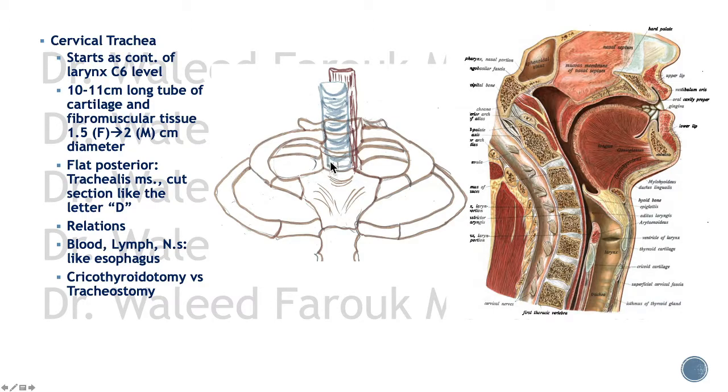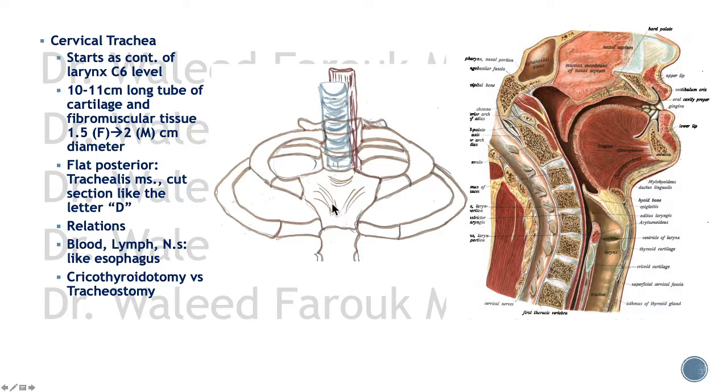On the right side it's slightly hidden by the trachea, which is shifted to the right. On the left side it's between the trachea and the esophagus, and all these structures of course are wrapped inside the pretracheal fascia, the one we talked about in the first lecture about the fascia of the neck.